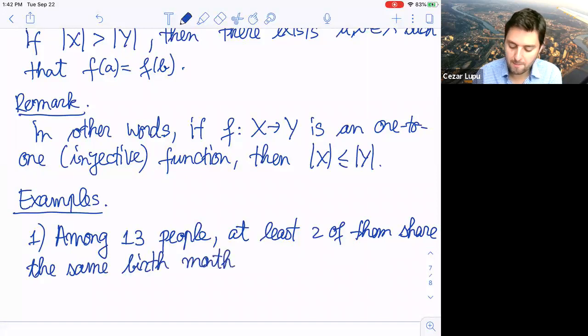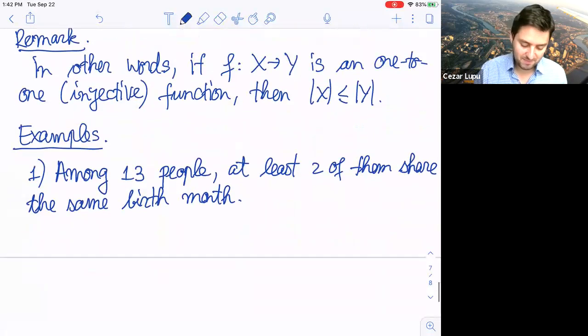There is no way around it, because there are only 12 months. You label the boxes as 12, and the pigeons are the people. So the boxes are only 12, but you have 13. So two of them will be in the same box, so they'll have the same birth month.